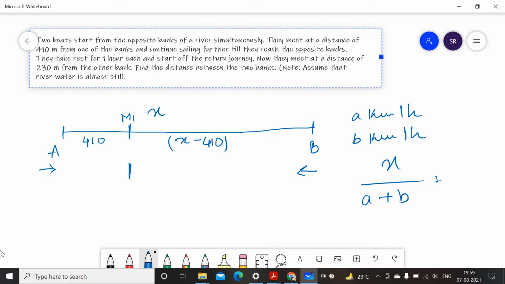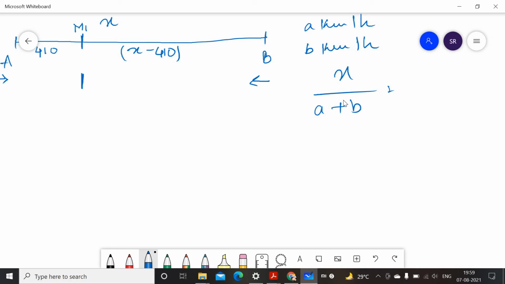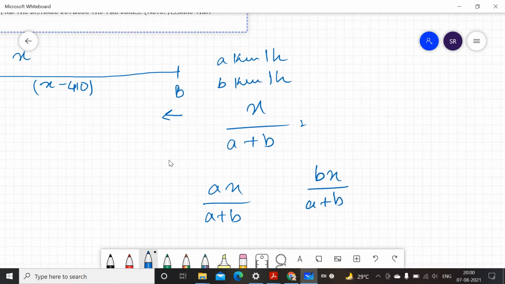So this is the total time taken for them to meet. In this time, A has traveled AX by A plus B kilometer and B has traveled BX by A plus B kilometer, right? Although the units are meters, I am just arbitrarily showing you examples, right? So this is one way of solving. We can make three equations and we can solve them to get what we want.